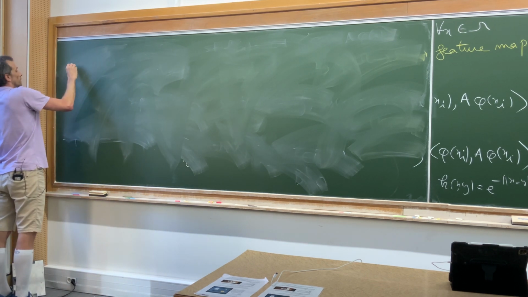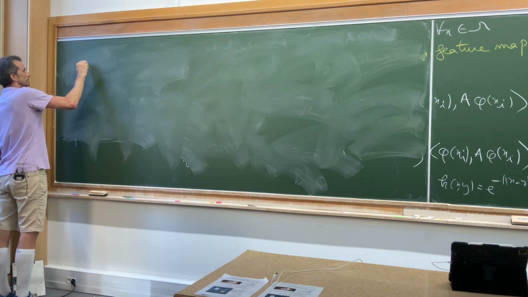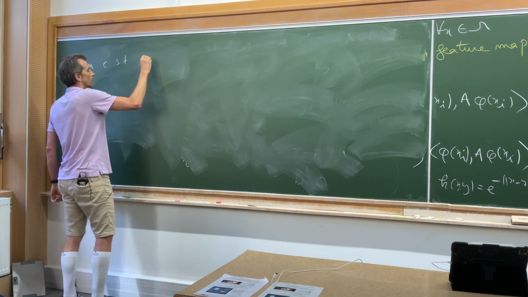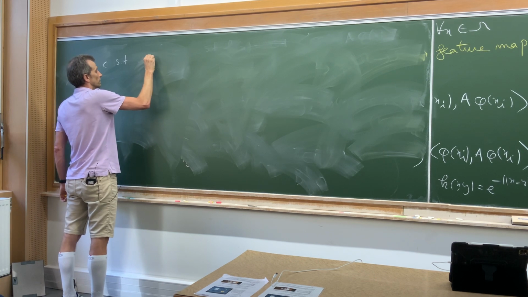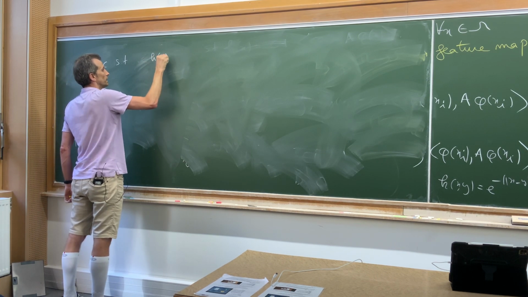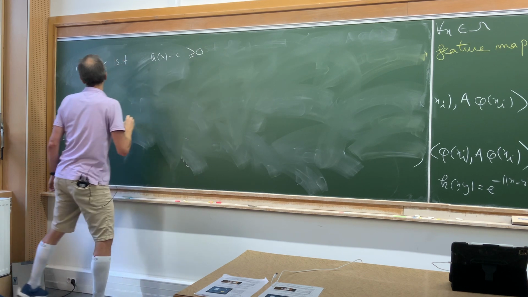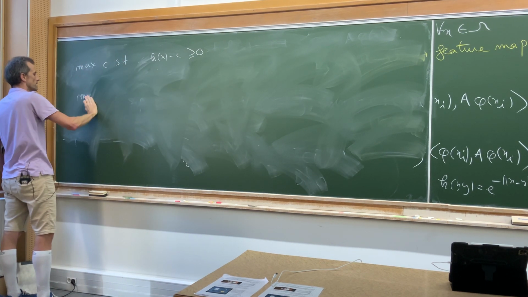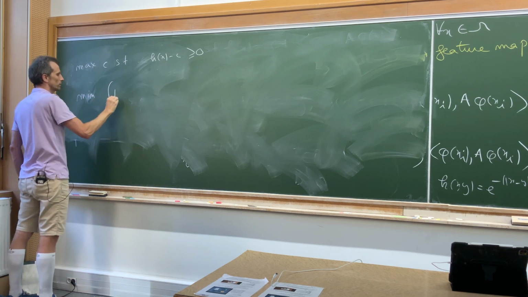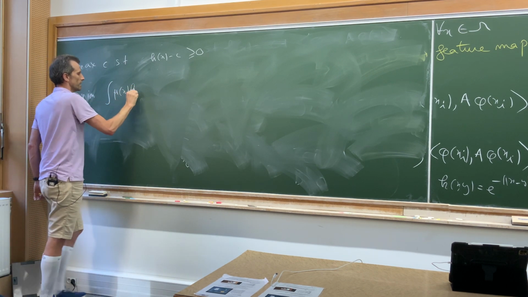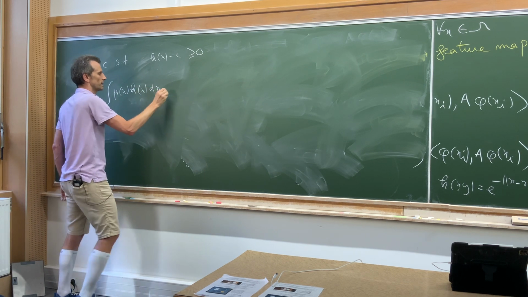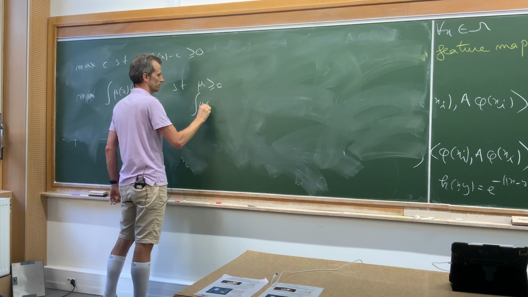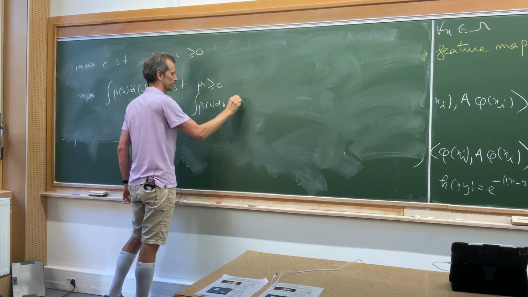So what we had was min over C such that C minus h of x was positive, and this was the dual, this was max. And this is min of the integral of mu of x h of x dx, so that mu is positive and integral of mu of x dx is equal to 1.